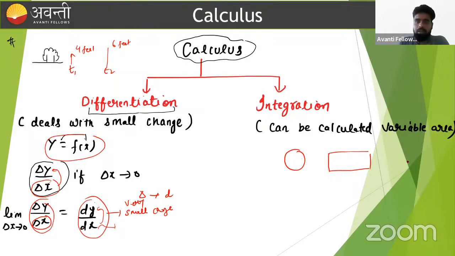But what if somebody asks me, what is the area of this curve? There is no mathematical formula by which we can find the area covered by this curve, because we don't know this curve. This is not a circle, not a rectangle, not a square. So how can we tell what the area is?